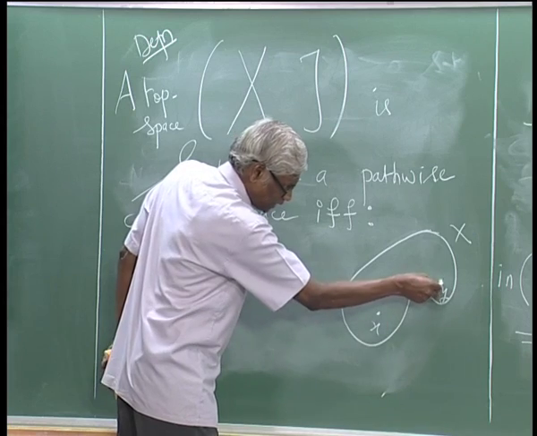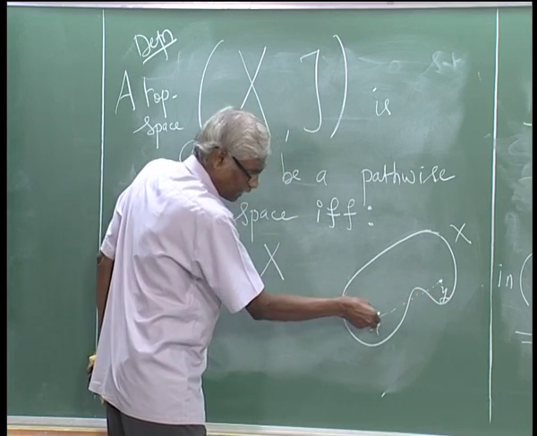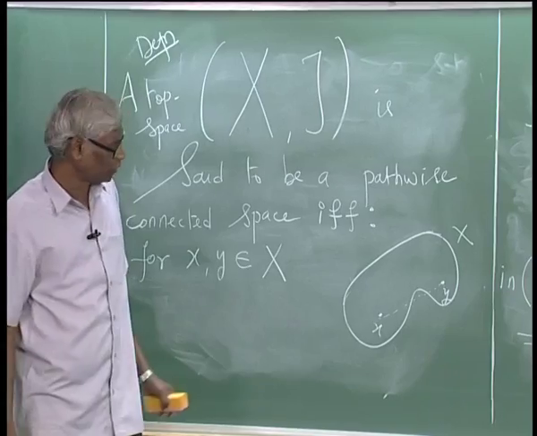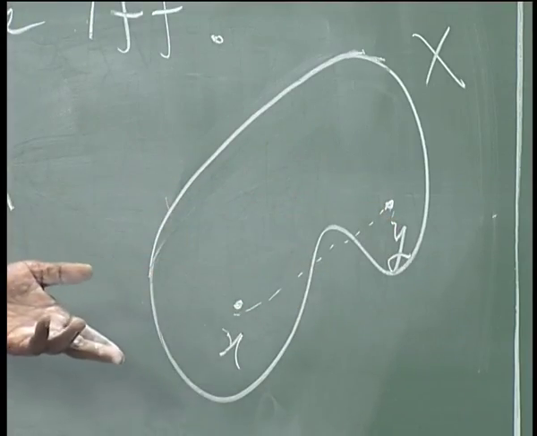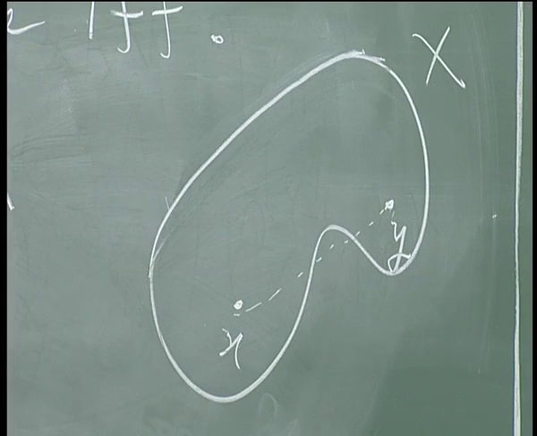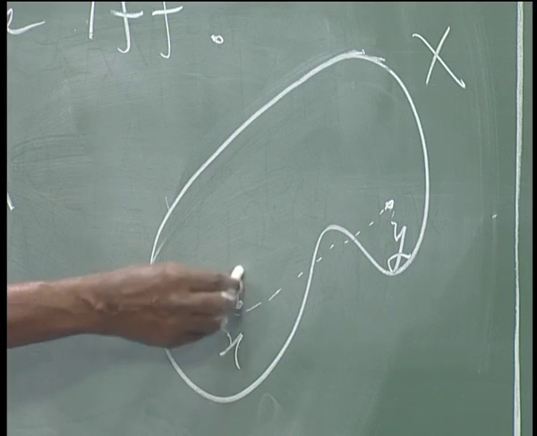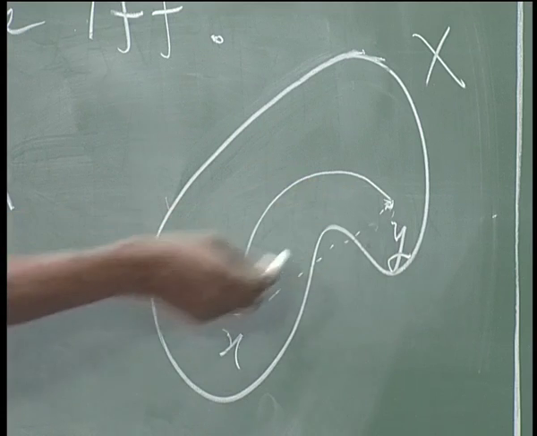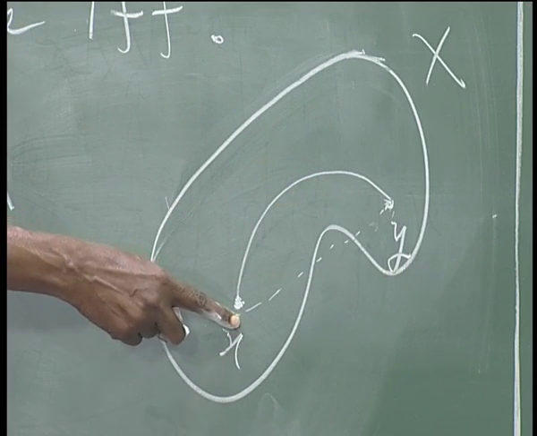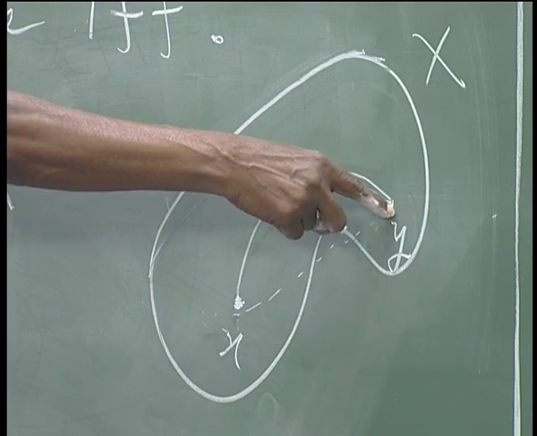It need not be a straight line. In fact, we do not know what we mean by a straight line. But we can define a curve, meaning a continuous function with initial point x, meaning at time 0 you are at x, and at time 1 you will reach y.